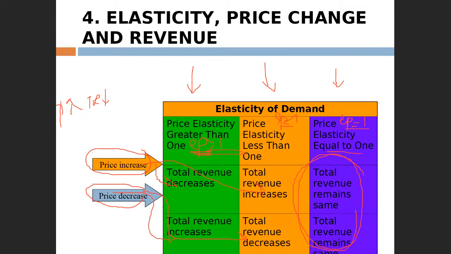The second one was my headache medication example. Yes, I got that. I'm talking about the last one. Can you give one example? Which one? Price elasticity equal to 1? Well, there's no specific example, and you can take any product.